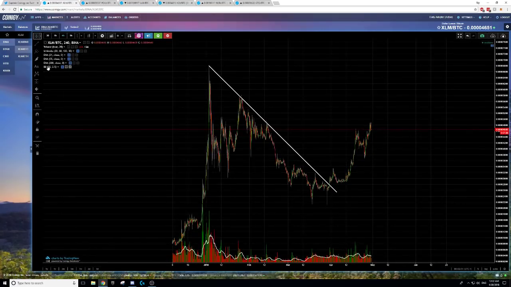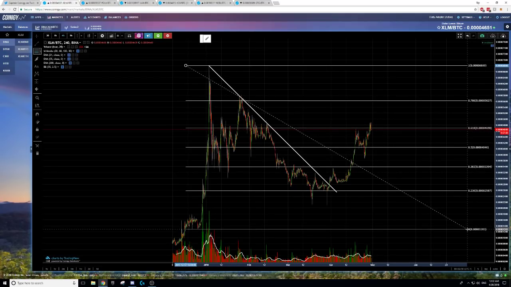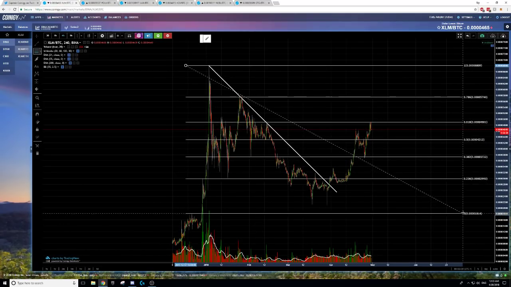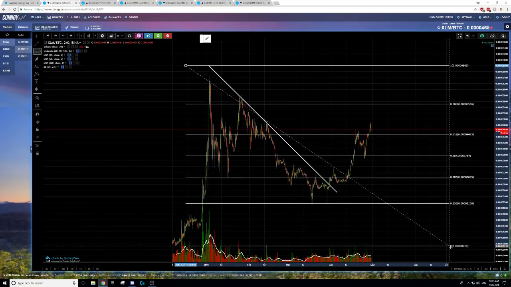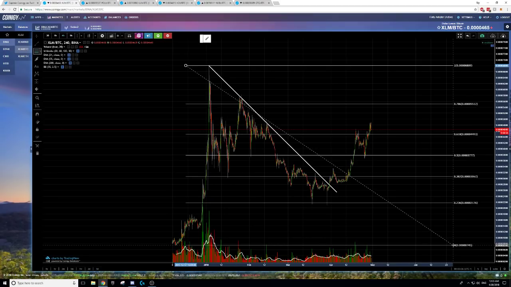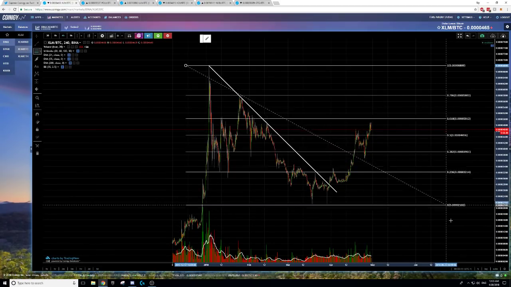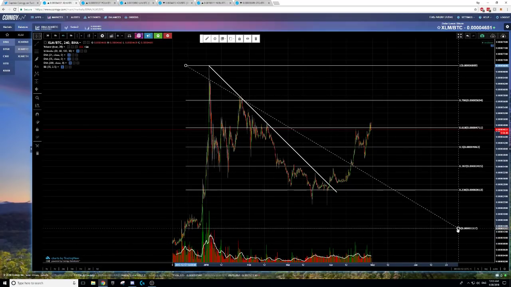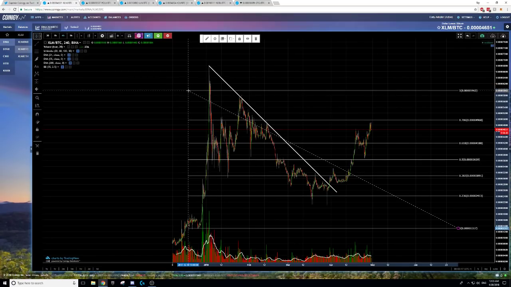Let's draw a little fib retracement and see what we can find from here, if anything lines up. Trying to see which one fits the best to the data we have. It's hard to necessarily say. What if we have our top over here?